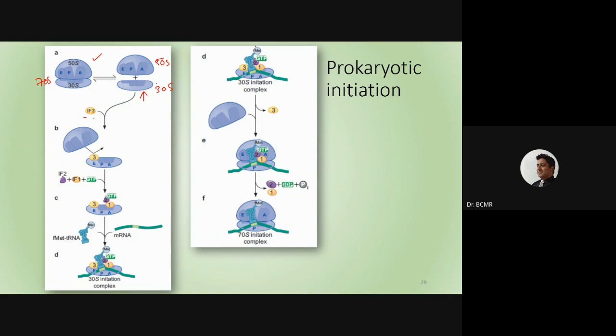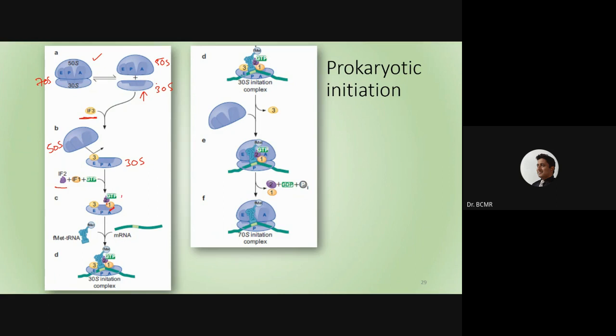So the binding of IF3, as we discussed in the last slide, once IF3 binds, then the 30S and 50S subunits will remain separate. And that is when we have IF1 binding in the A site, and IF2 along with GTP binds.